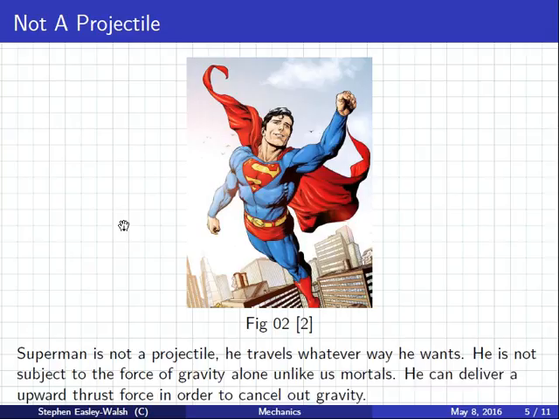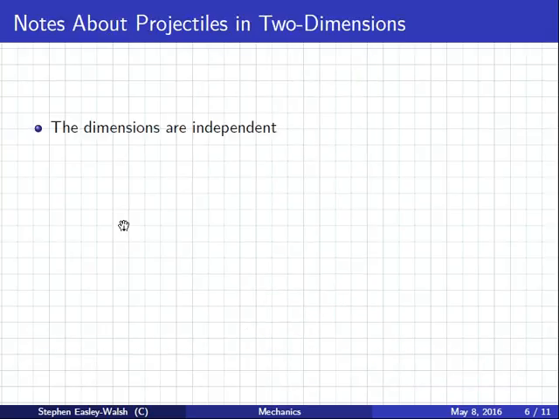Okay. Now, some points about the motion of a projectile. You'll need to bullet point all of these. Does anyone know what the first point means? The dimensions are independent. What do you mean by dimension? Dimensions, the x and the y.